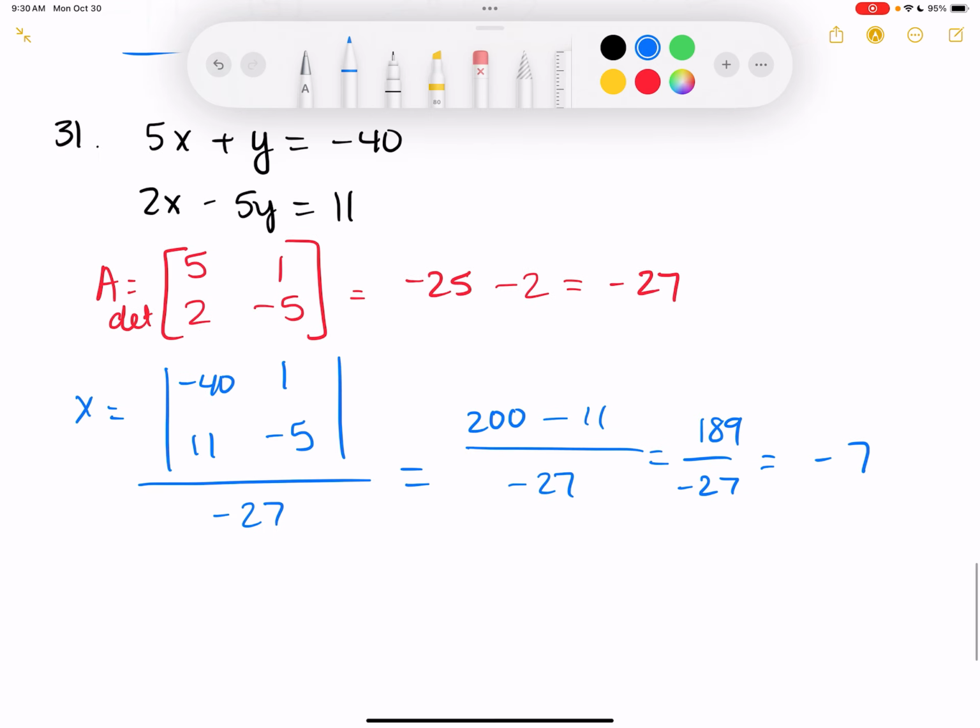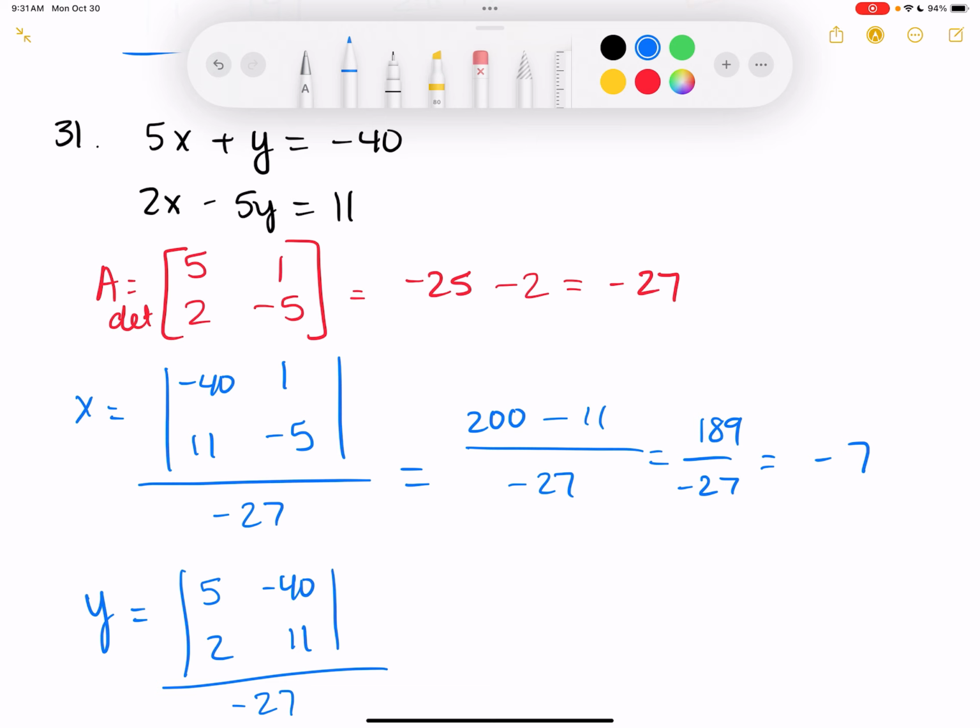All right, and then y, what do I put in for this determinant? So I'm solving for y. So the first column should be what? X, which is 5, 2. And then this column, if I'm solving for y, what numbers do I put in? -40 and 11.